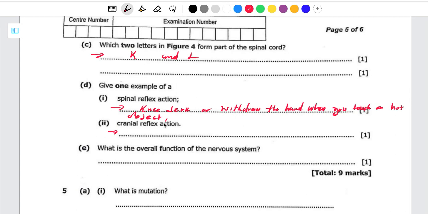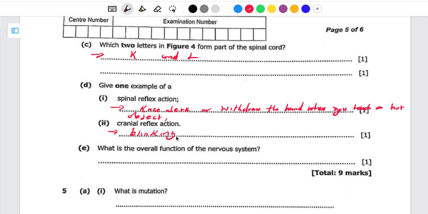When you talk of cranial reflex or reflex action, these are actions which are not consciously controlled by the brain. You know the brain controls many activities, but these reflexes are not controlled by it. For example, blinking.